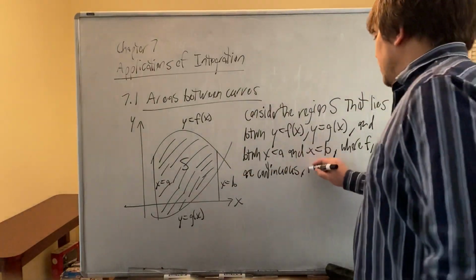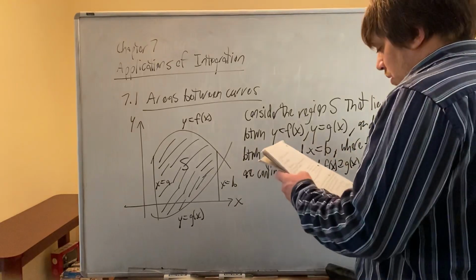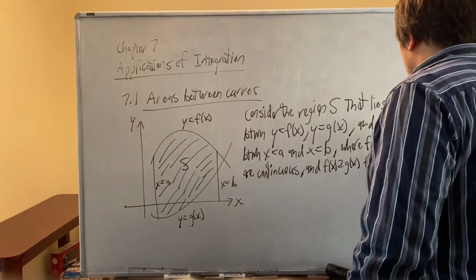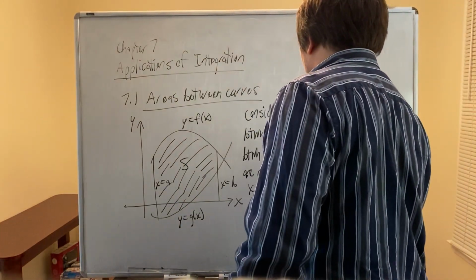Okay, and f of x is greater or equal to g of x for all x in the finite closed interval a comma b.